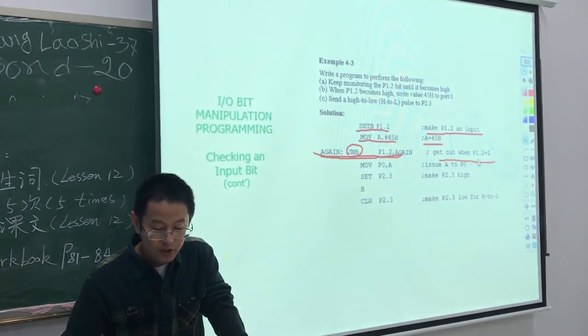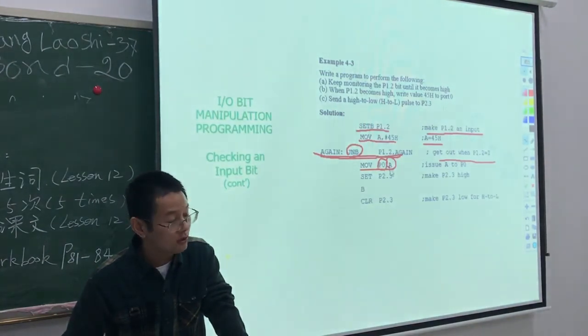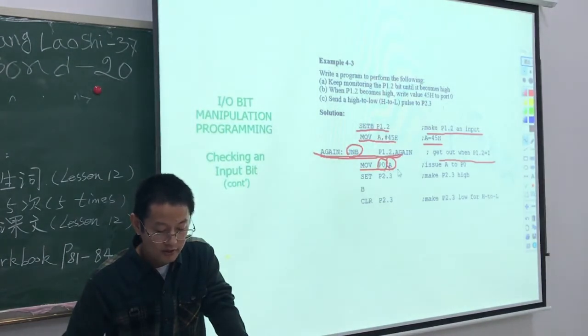After P1.2 is equal to 1, just execute this. MOV P0, A. A is 45H, so P0 is 45H.